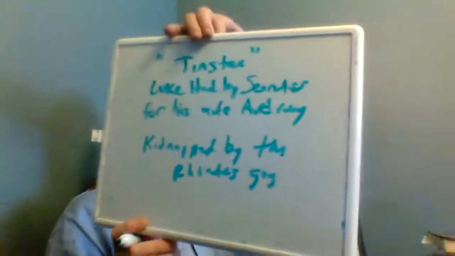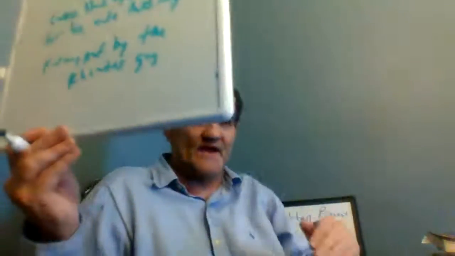Just say, Luke Hadley searches, probably a better word, searches for his wife, Audrey, and then kidnapped by the Rhodes gang.